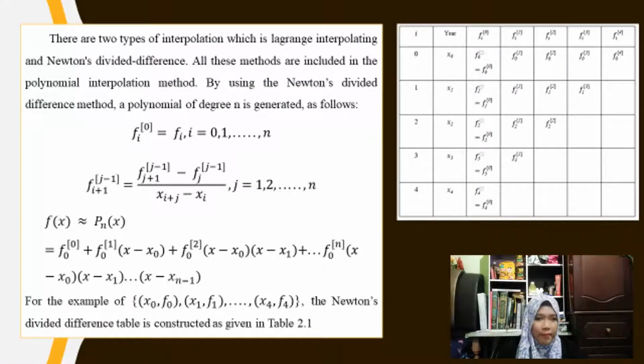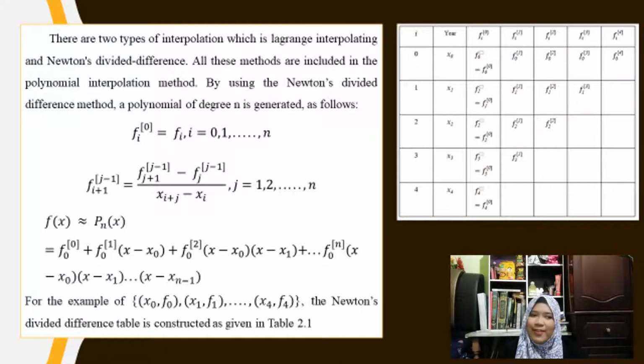There are two types of interpolation, which are Lagrange interpolation and Newton's divided difference. Both of these methods are included in the polynomial interpolation methods.